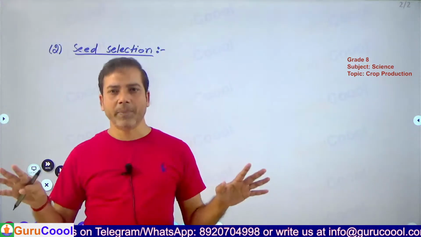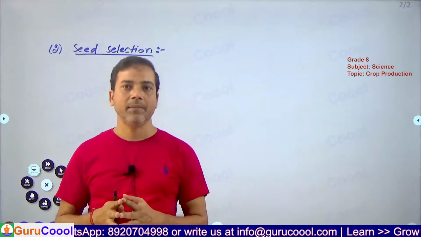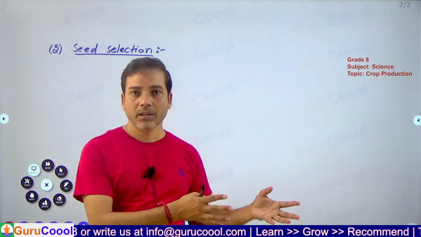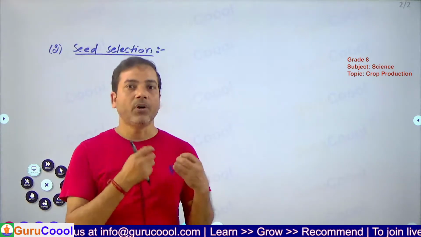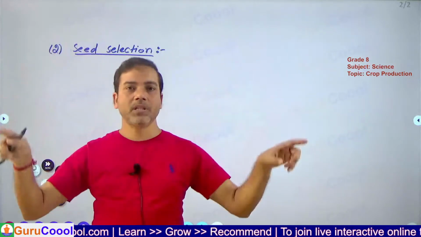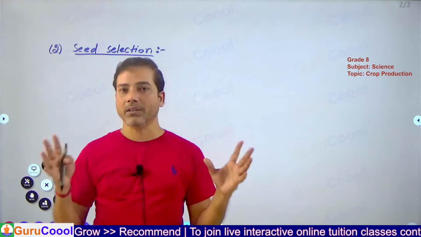This all depends on which area you are doing this practice in, what type of land you have, what quality of soil you have there, what type of atmosphere and environment. So there are many factors.